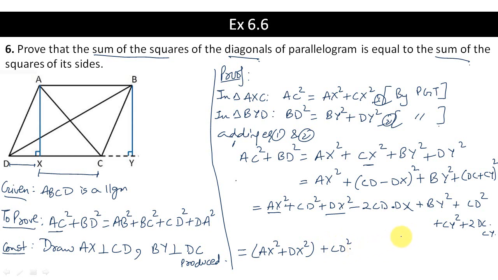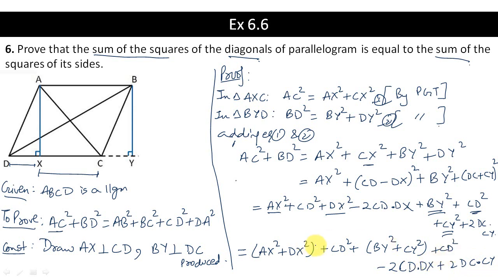BY square and CY square, this BY square and CY square will again form a pair, BY square plus CY square. This CD square is left, and minus 2 times CD into DX plus 2 times DC into CY.